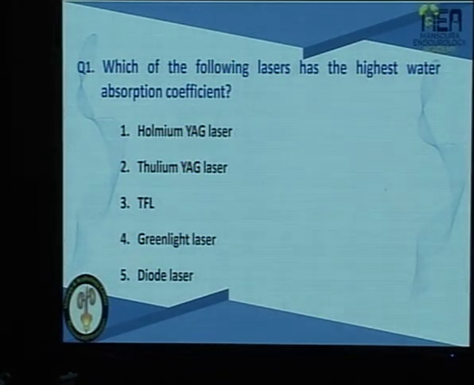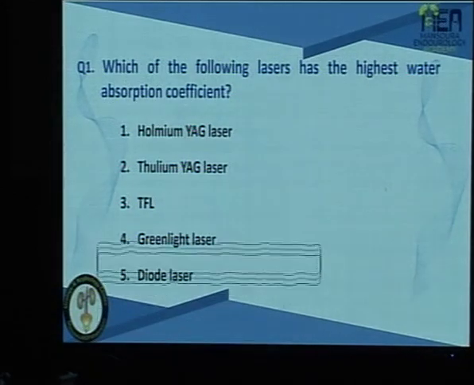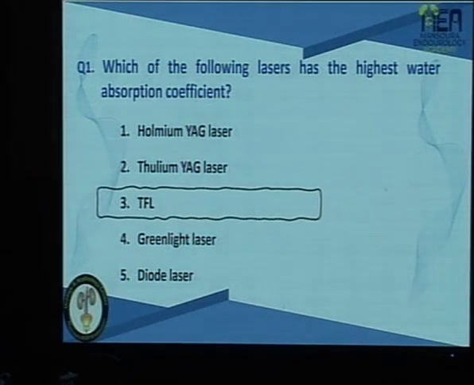For the wavelength of the holmium is 2100 nanometer. For the TFL is 1940. And so long you have shorter wavelength, the absorption coefficient is somehow close to that of the water. So the absorption coefficient of the TFL is 4 times more than the holmium. So the answer is TFL.